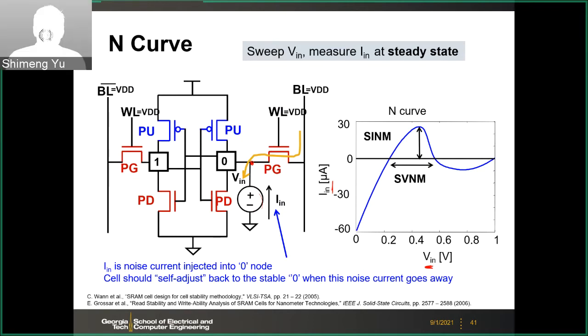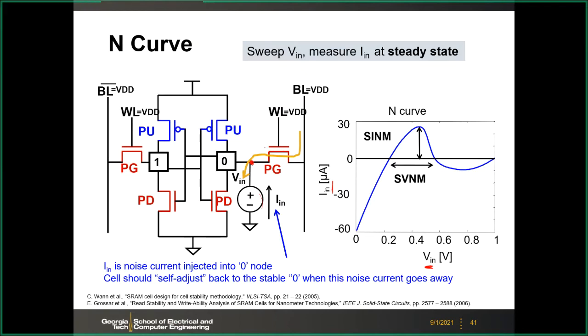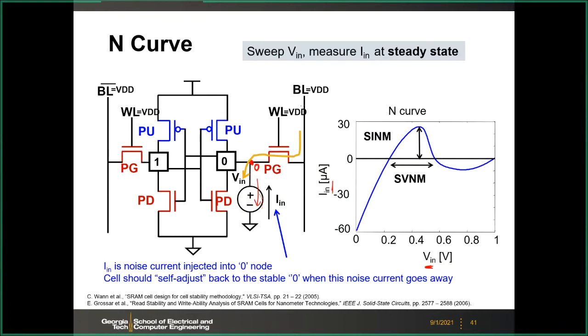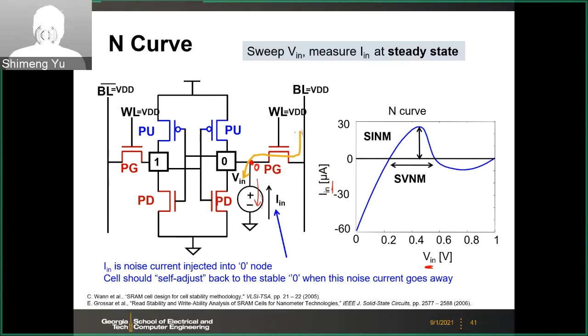So here we can look at this curve. Okay. So if the voltage source is 0, then you will have a negative current flow into the voltage source, because this is the current that's flowing through the pass gate.